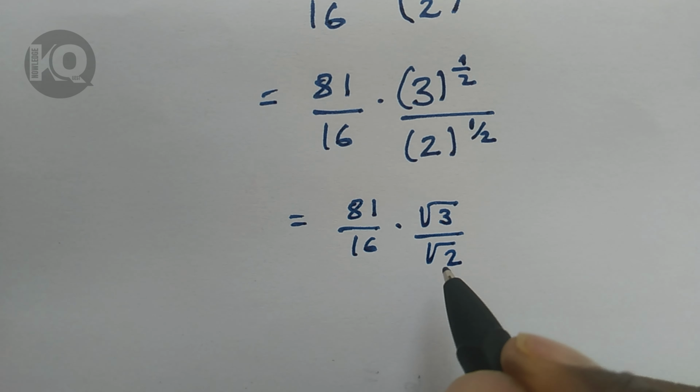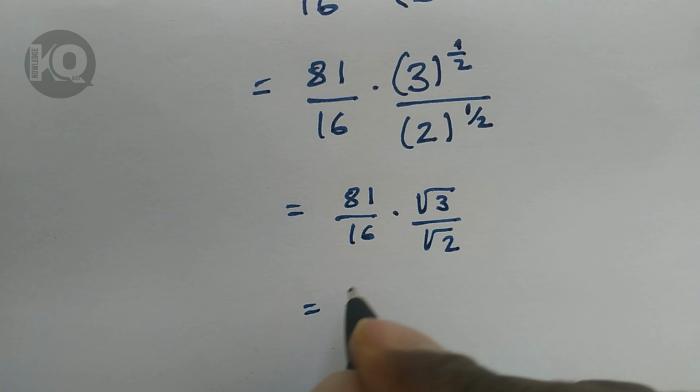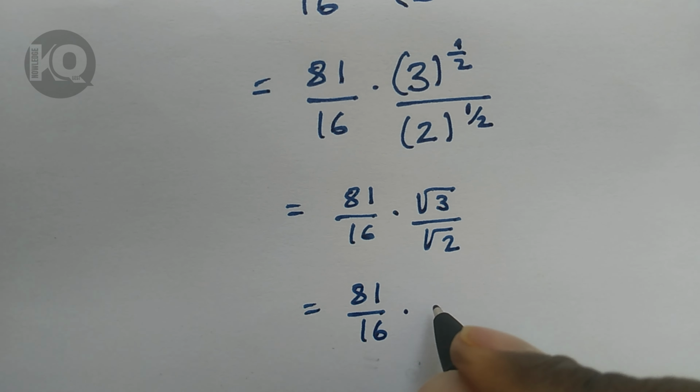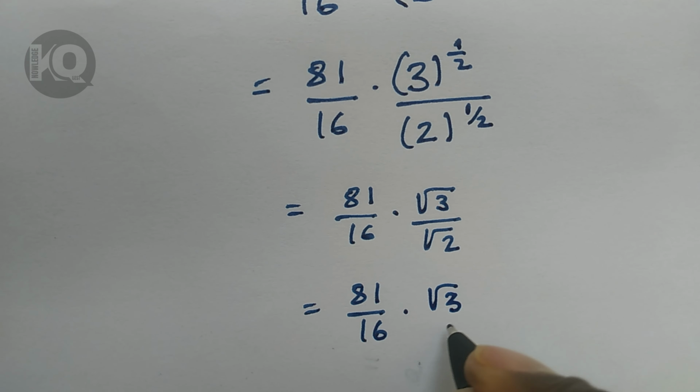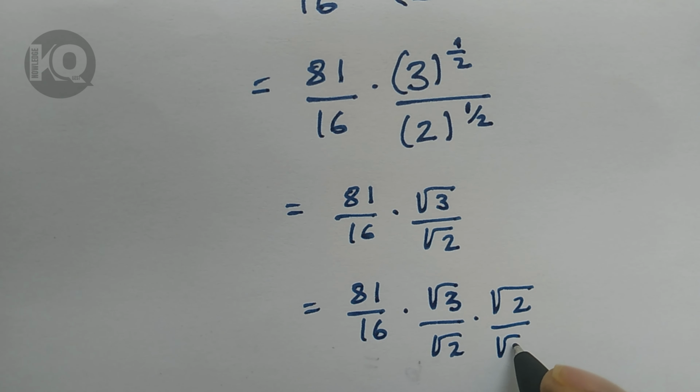Now we can rationalize the denominator, that is root 2, by multiplying by root 2 over root 2: 81 over 16 times root 3 divided by root 2 times root 2 divided by square root of 2.